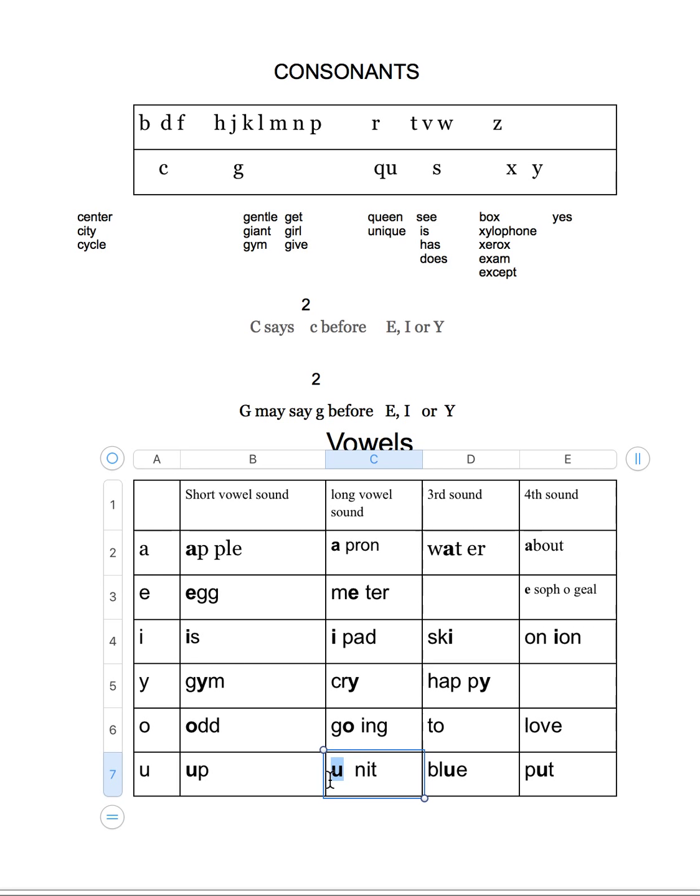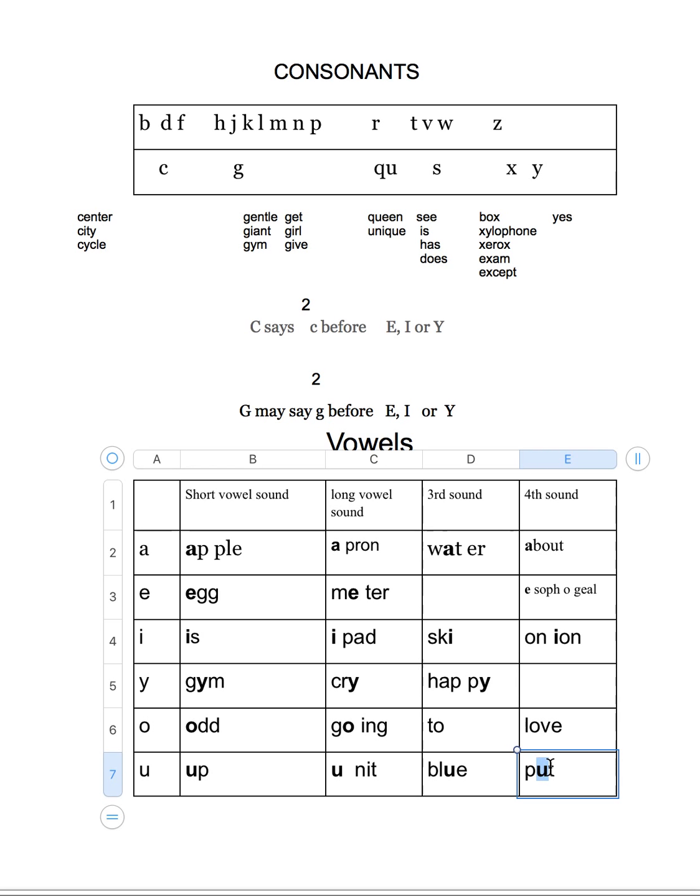The long U vowel sound is actually a consonant and a vowel blend. The oo in blue is just the long oo sound, oo in blue.